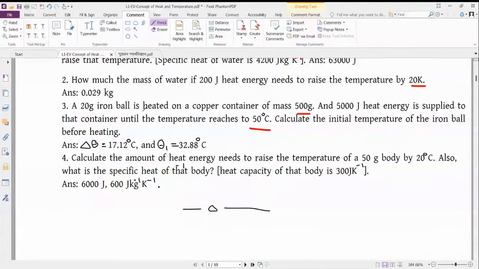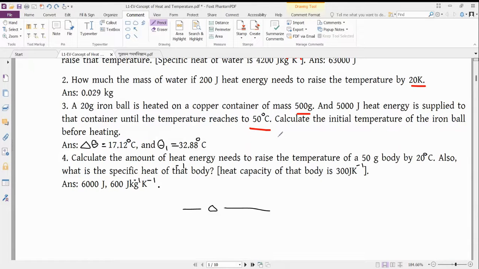The hint of this question is that first we have to determine the temperature change by using the formula Q equals m s del theta. Here, the key information is that the supplied heat, 5000 joule, will be divided into two parts. One part is for the temperature change of the iron, and the second part is used for changing the temperature of the copper container.